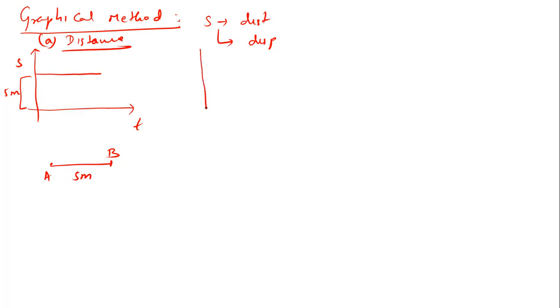Now let us take up one more graph. This is t, this is s. This is 10 seconds, this is 5 meters. Remember, we are talking about a distance time graph.